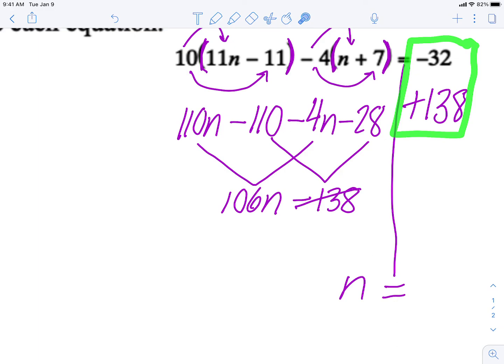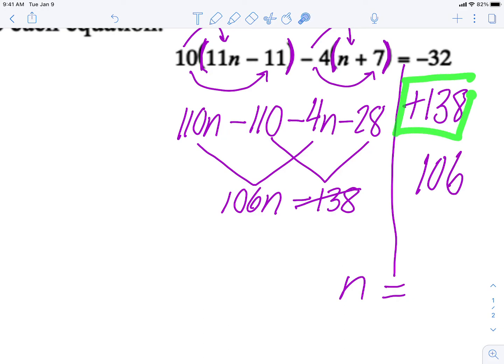And when numbers are not the same sign that are being combined, we subtract. So 138 minus 32 is 106. And positive 106 because 138 is positive. Right?